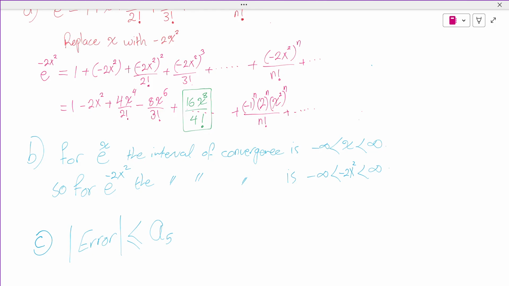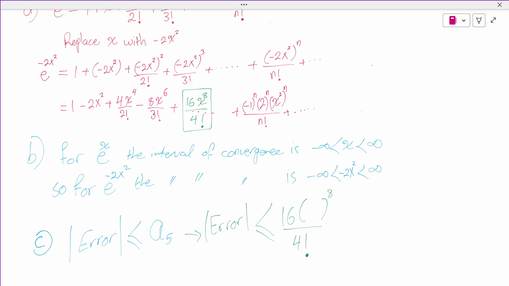So this is the fifth term. So if you are approximating the value using 4 terms, the error will be at most A5. So this error is at most 16 x to the power of 8 all over 4 factorial.